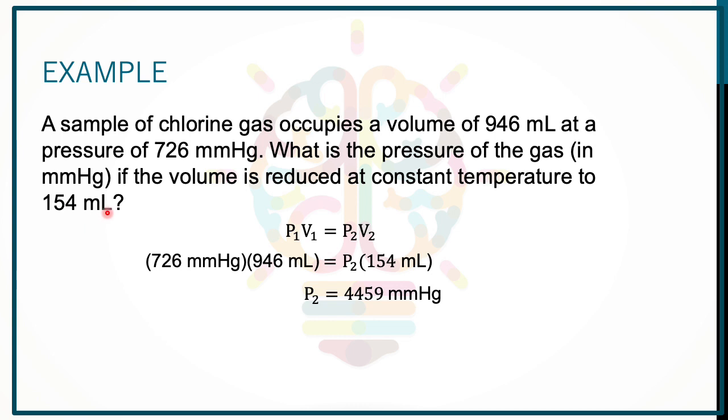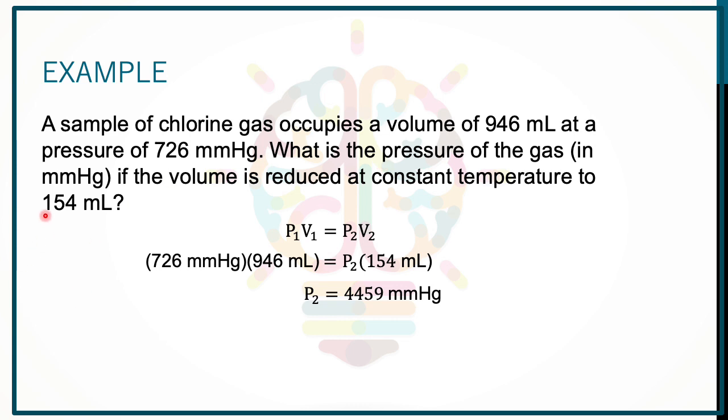From this question you can see that there is a volume and pressure. This volume is volume 1 and this pressure is pressure 1. The question asks you to calculate the pressure 2.